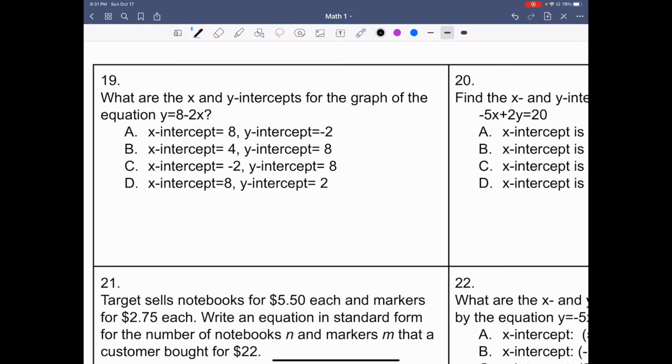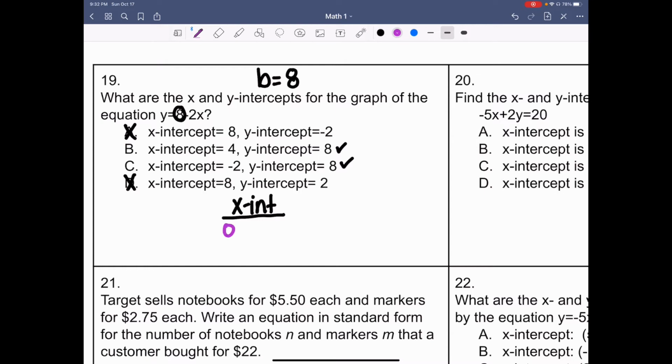All right, number 19, what are the x and y-intercepts of the graph? So the first thing that I'm going to look at is the easiest one. This is in slope-intercept form. So this is my y-intercept. So my y-intercept is 8. Both of these have 8, so we're going to get rid of A and D. Now to find my x-intercept, we're going to plug in 0, just like we would if it was in standard form.